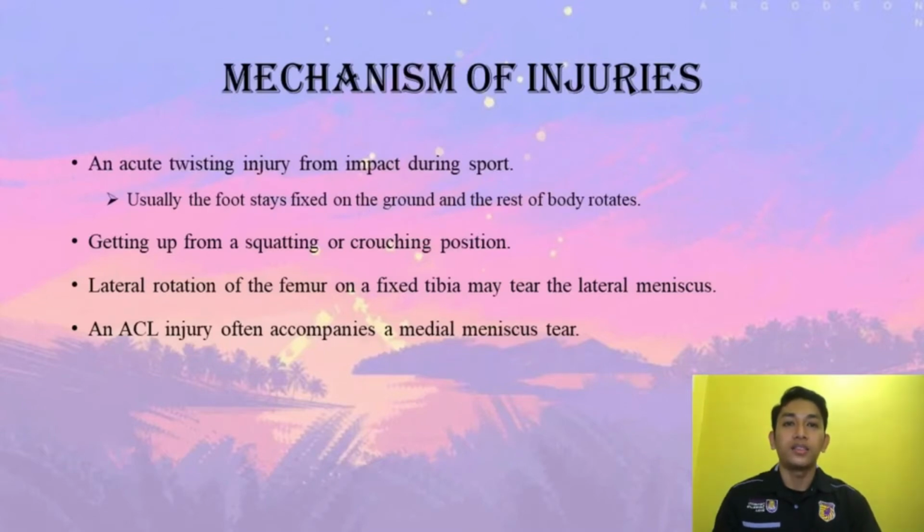Next is getting up from a squatting or crouching position. Third is lateral rotation of the femur on a fixed tibia, which may tear the lateral meniscus. And the last one is that an ACL injury often accompanies a medial meniscus tear.